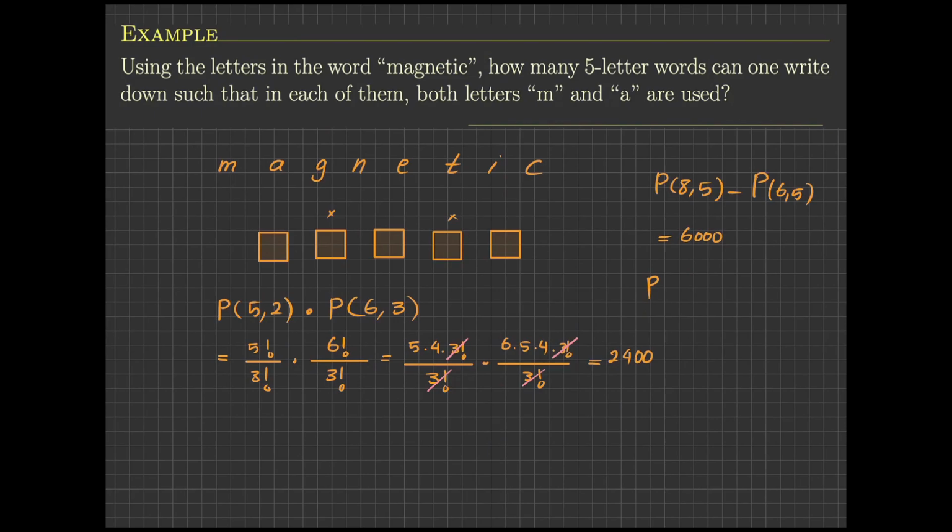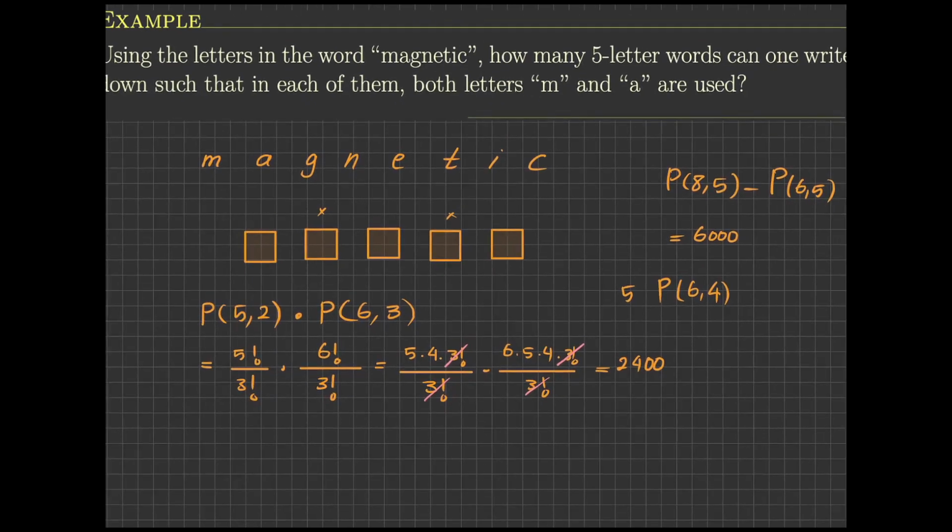For M, how many locations do I have? I have 5 locations for M. When I put my M, there are 6 of them left for me, and how many positions do I have? I have 4. And then I have to multiply it by 2, because the same reason holds for A. Yes?